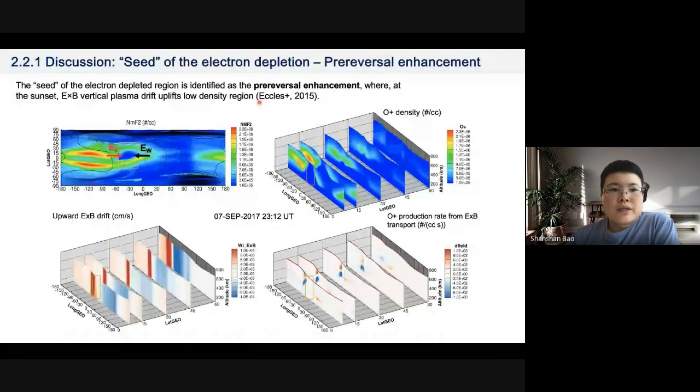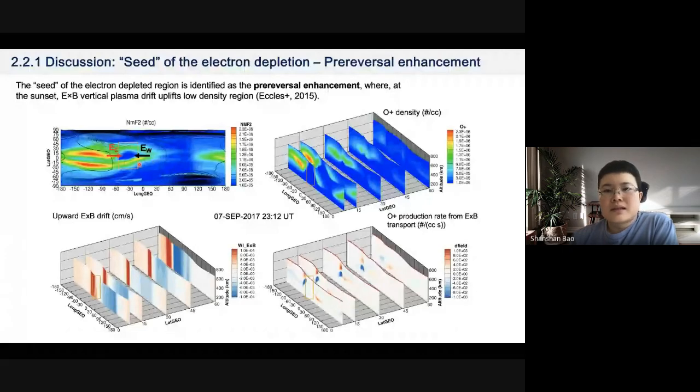If we look at the electron density profile, you can see this is located at the evening terminator, and there's a reversal at the equator where the electric field here is pointing eastward, and this one here, the black one, is pointing westward.